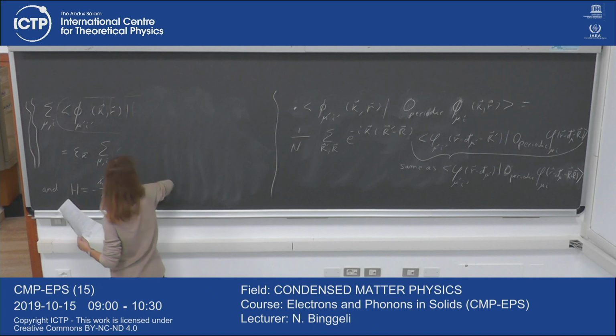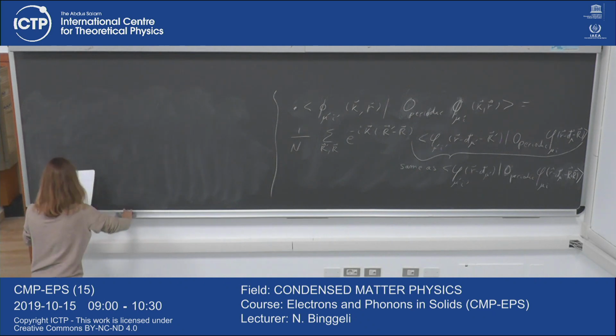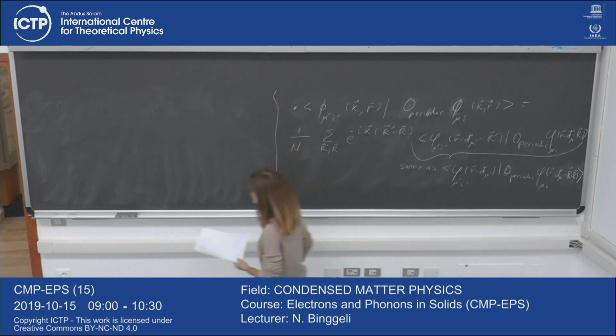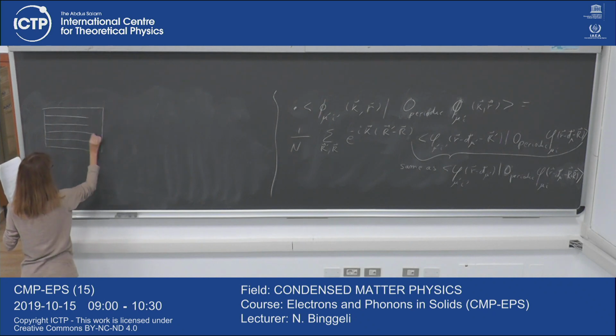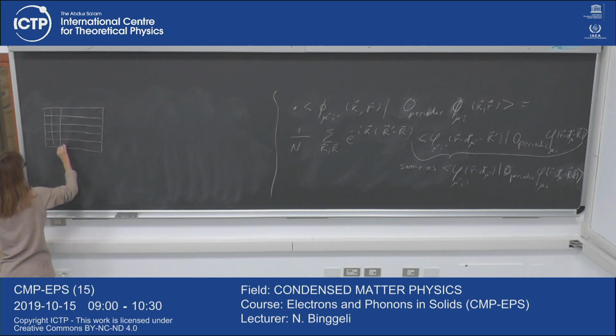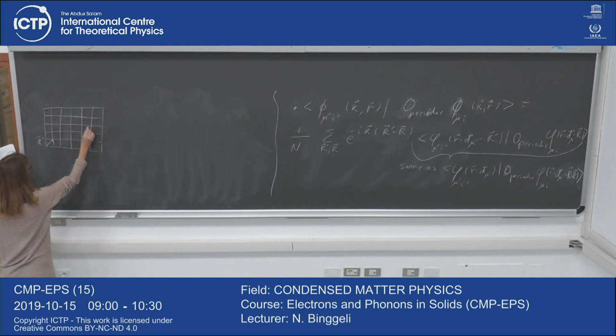But I will just draw it maybe. What one has is a crystal, so I have my unit cells. And in this cell, let's say I have my vector r prime here, and I have another vector that points to, let's say, this cell here.